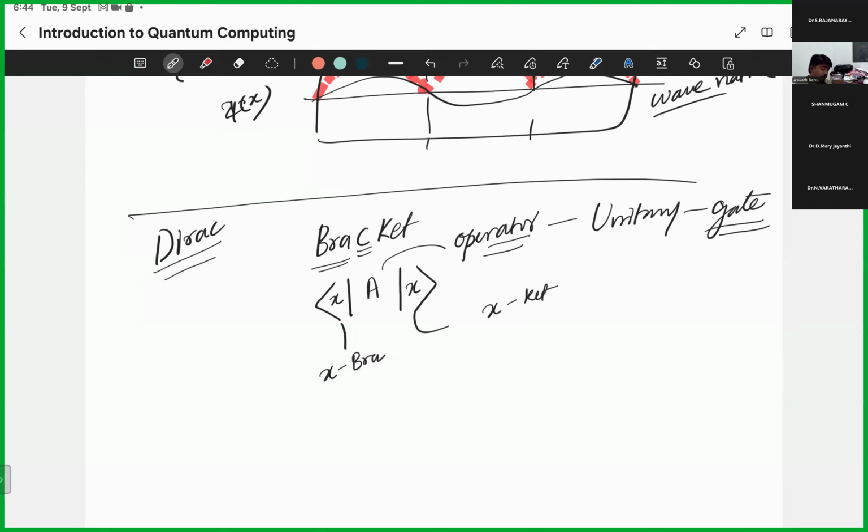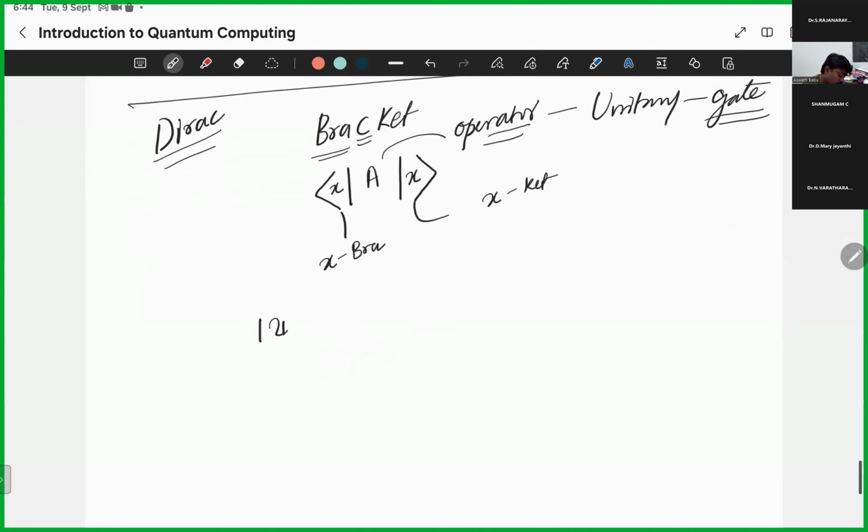He introduced the Dirac notation so that the quantum state is equal to alpha not excited plus beta excited.